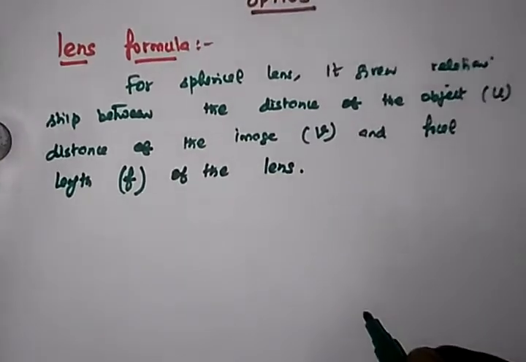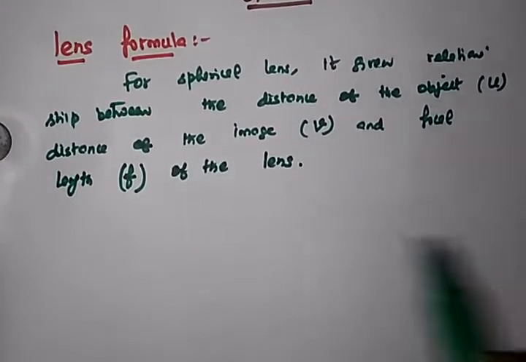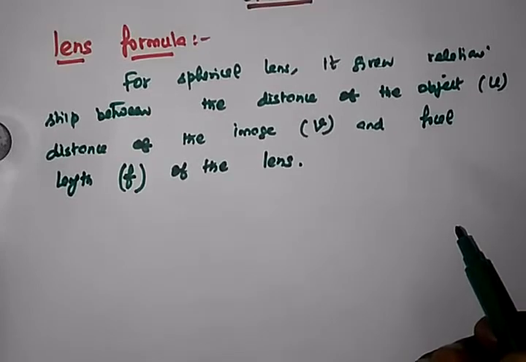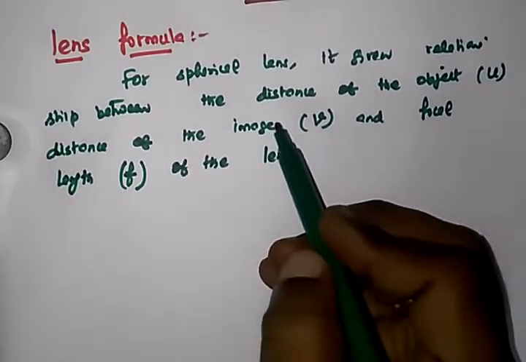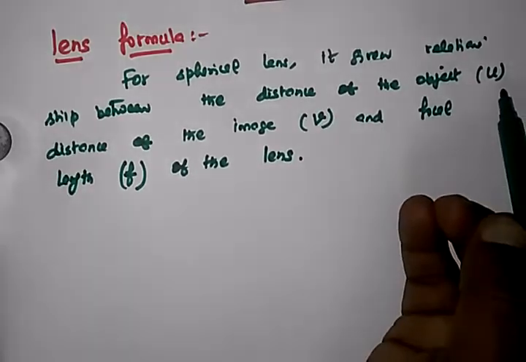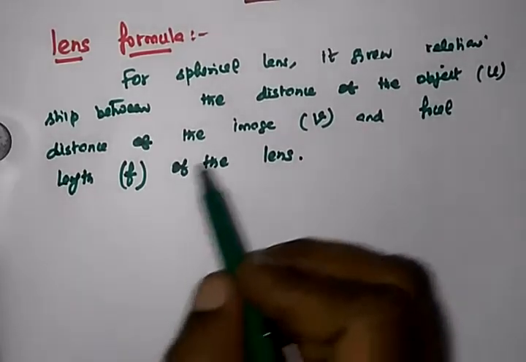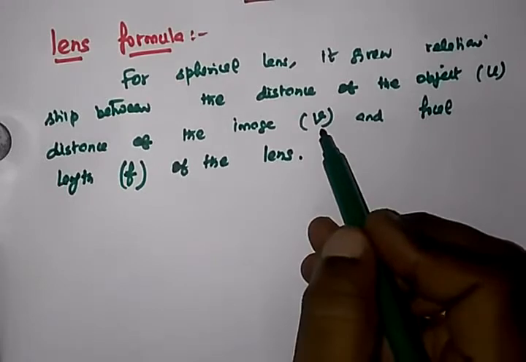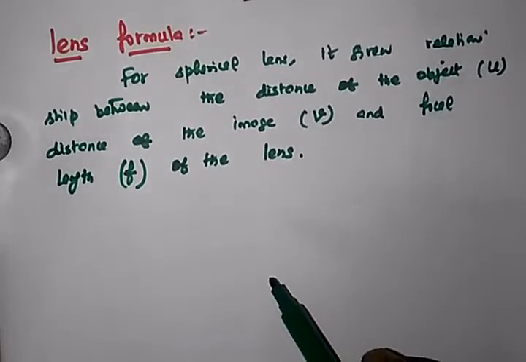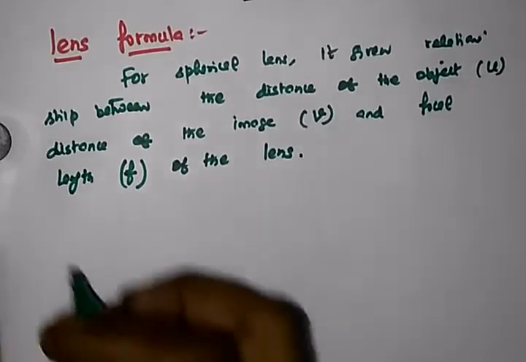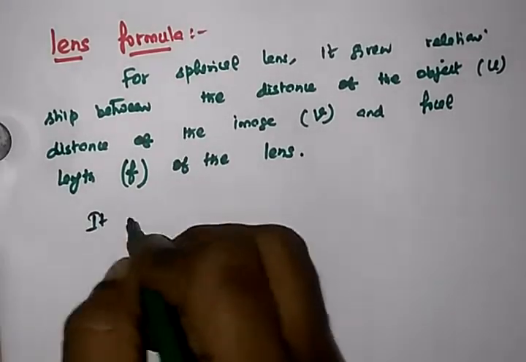So what is that? For a spherical lens, the relationship between the following: the distance of the object, which we consider as u, the distance of the image, which we consider as v, and the focal length f of the lens.